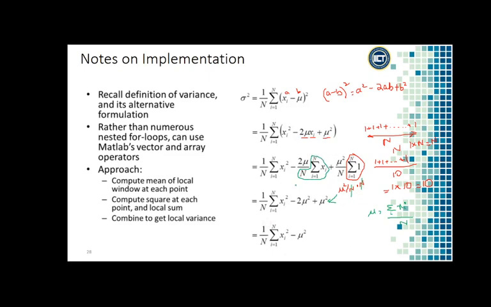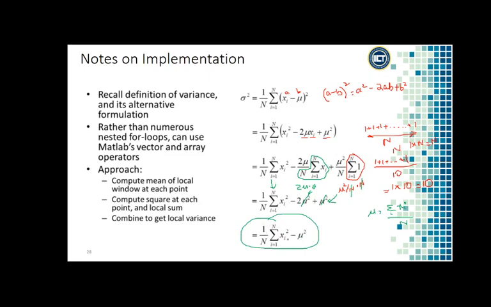So this will be 2 mu dot mean, which results in 2 mu square. Here, this is 2 mu square and this is mu square, so one of the mu square gets cancelled out and we get only mu square. So this is what we get.